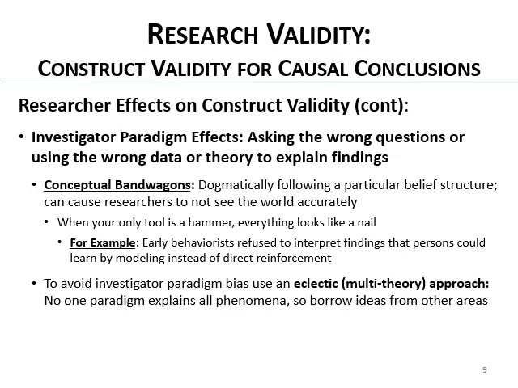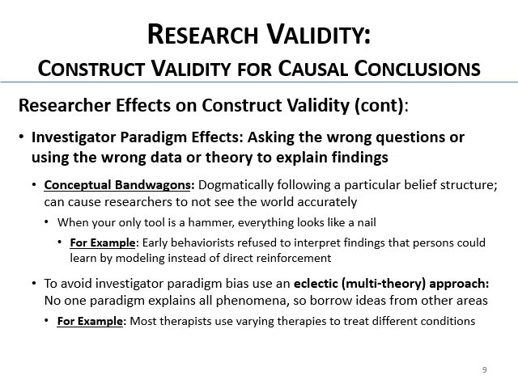So how do you avoid the investigator paradigm bias? Well, you can use what's called an eclectic or a multi-theory approach. Because no one paradigm explains all phenomena out there, you want to be flexible and borrow ideas from other areas. For example, most therapists don't use just one type of therapy.